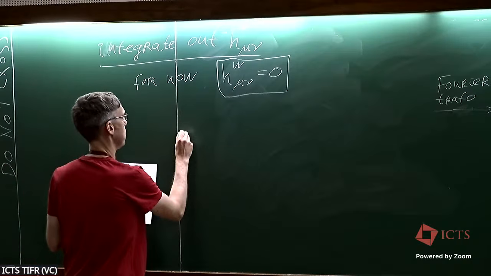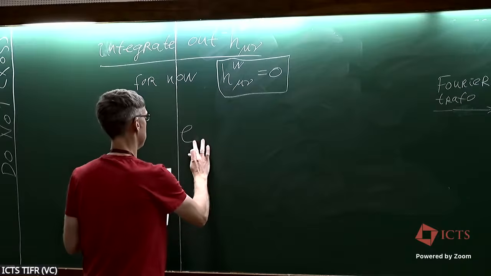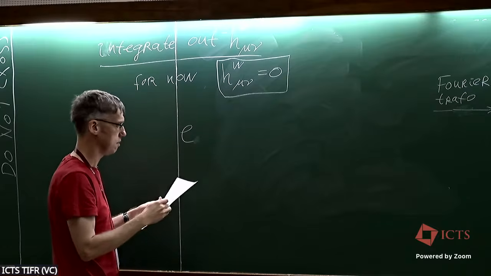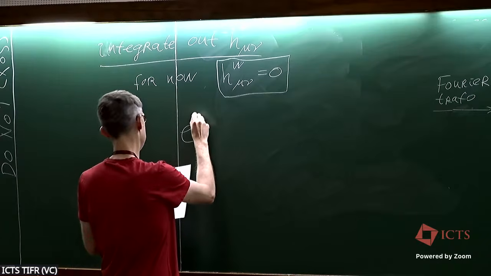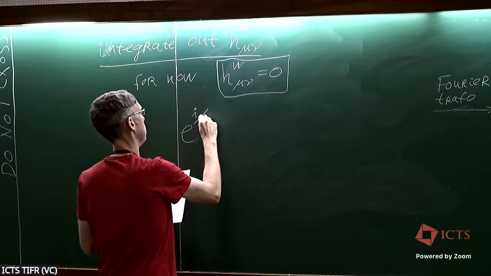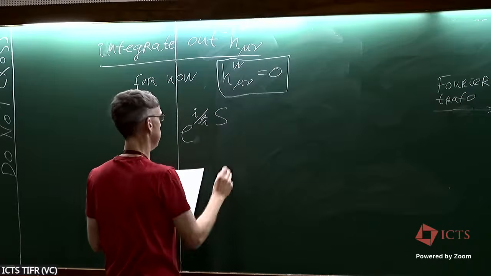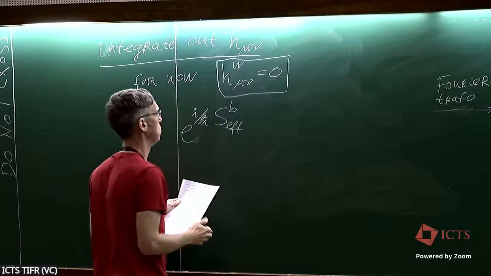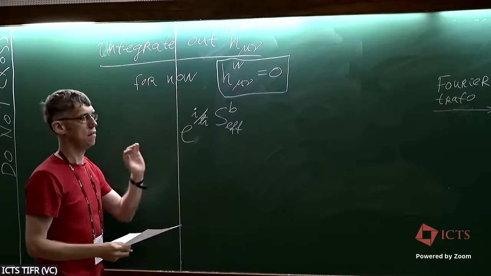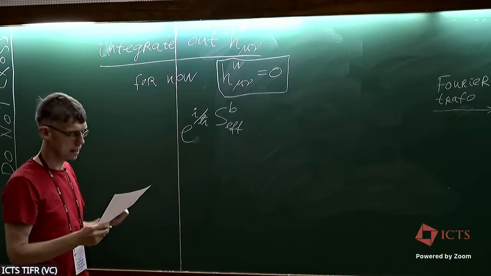Now, what we have to do in order to get an idea of how different diagrams in the calculation scale is the following. We look at the integrand of the path integral, so this e to the i effective action at the body scale.